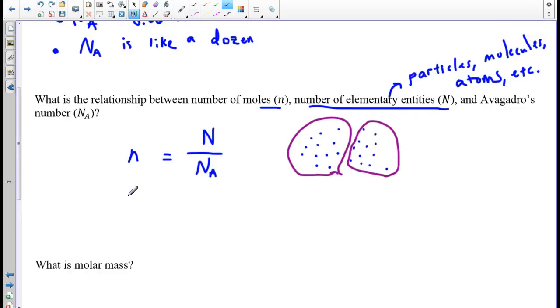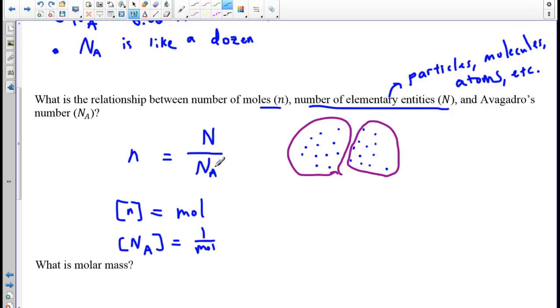Now you can see that the unit of little n is the number of moles. The unit is moles. The mol stands for moles, not molecules. And the unit for Avogadro's number, as you see, is moles to the negative 1, or 1 over moles.